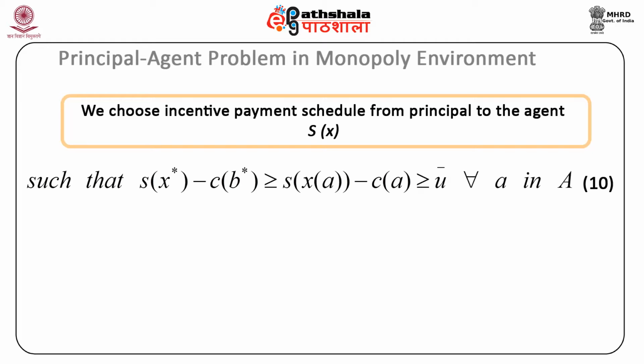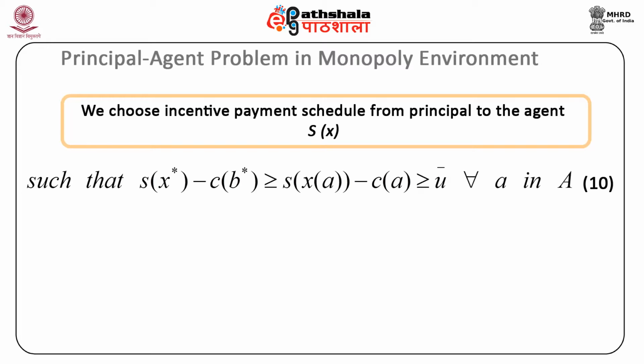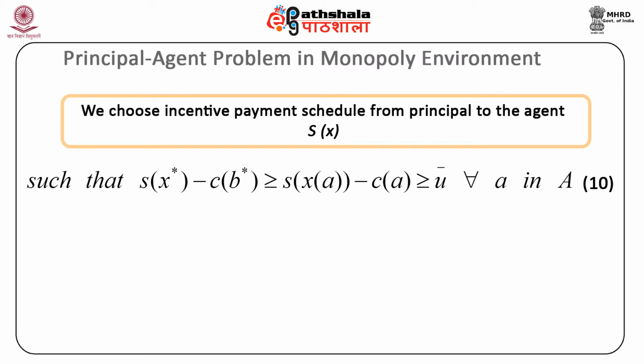This is condition 10. For instance, let us set a target output scheme where the target is given to the agent to achieve the output, failing which he won't receive his reservation price, but rather will receive a severe punishment.